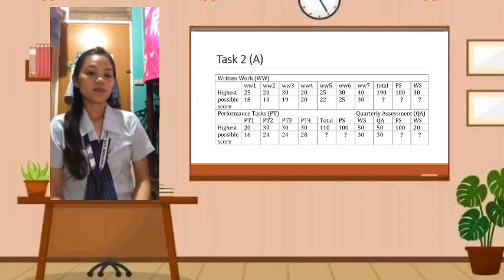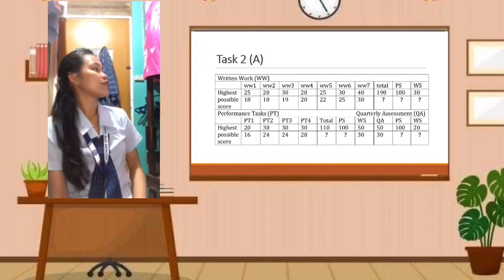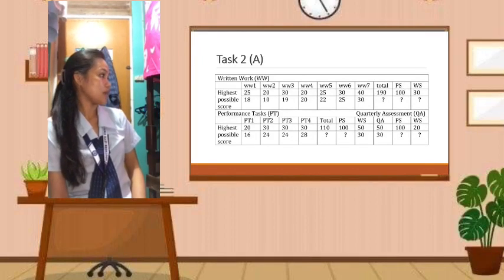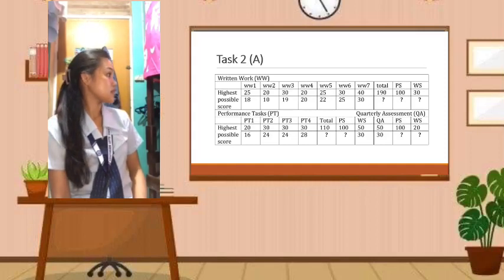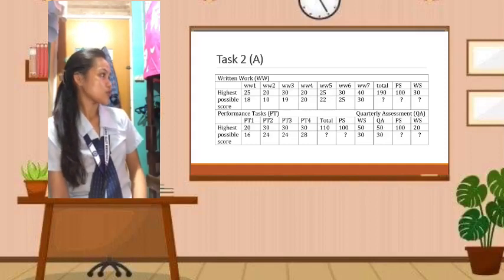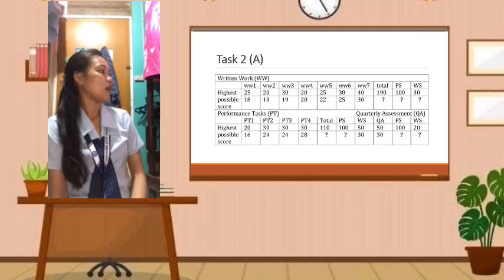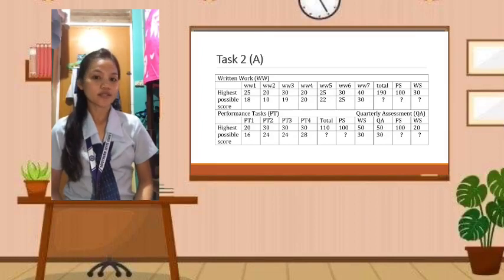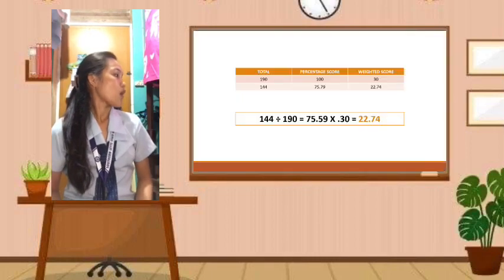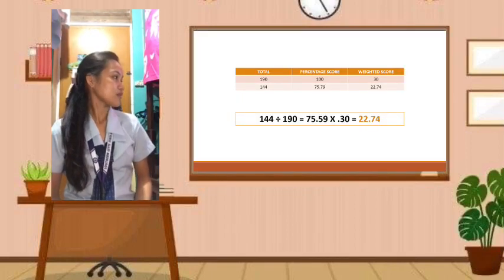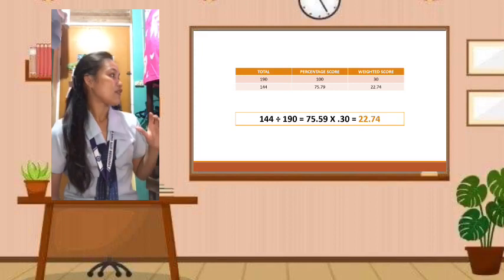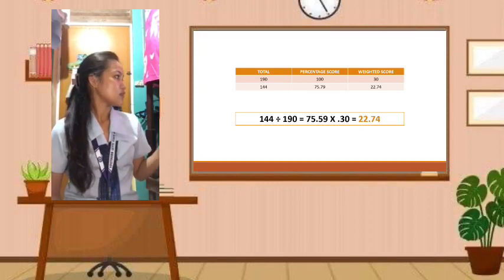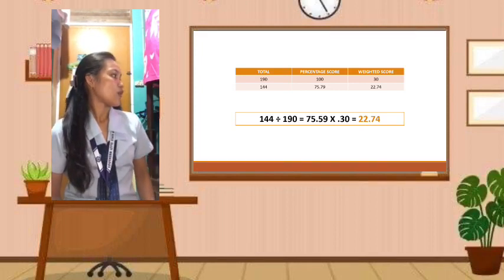So in this table, we have Julia Anderson's Araling Panlipunan grades. To complete the table below, first we have to add written work 1 to written work 7, which is 144. We will divide it by the total of 190.